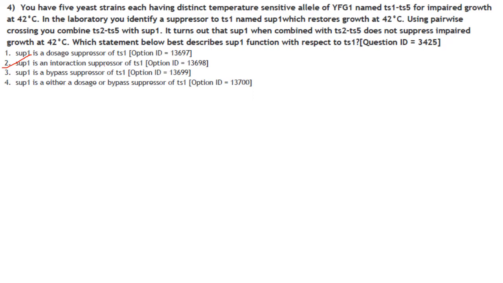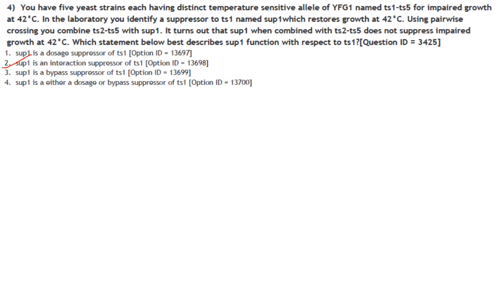Then interaction suppressors are compensating mutations in physically interacting components. A mutation in one protein disrupts the interaction, but a mutation in the second protein restores the interaction. Yes, that is correct.